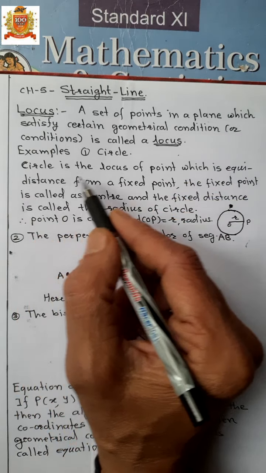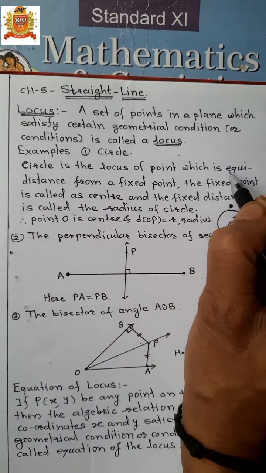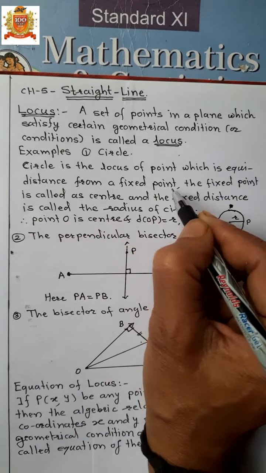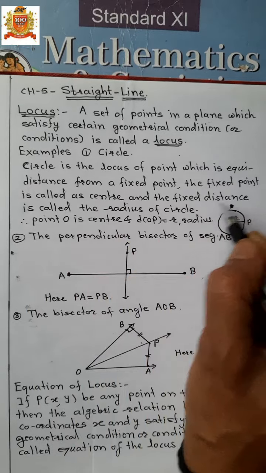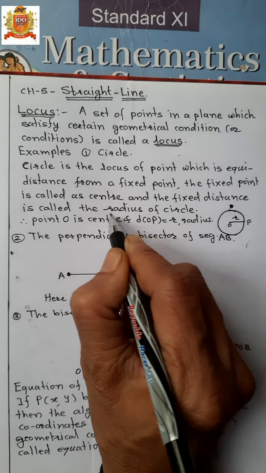How? A circle is a locus of a point which is equidistant from a fixed point, and the fixed point is called the center, and the fixed distance is called the radius.